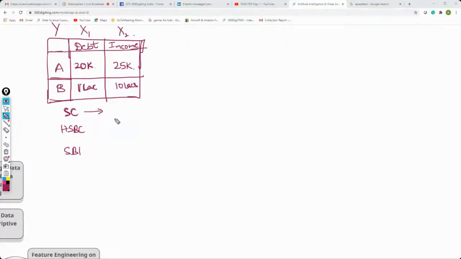If there are substandard theoretical data scientists sitting in a bank, they will ruin the bank. How? They will take the data, treat this as y and these two as x, and come up with an equation. They'll build a prediction model.